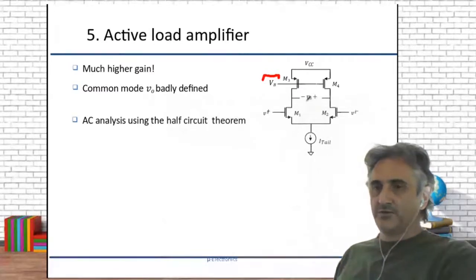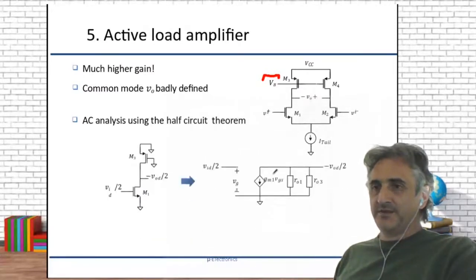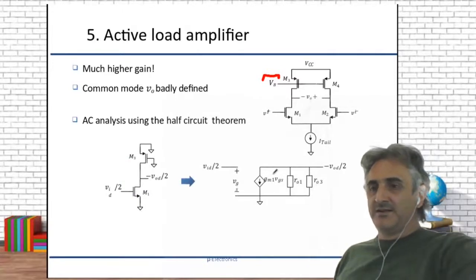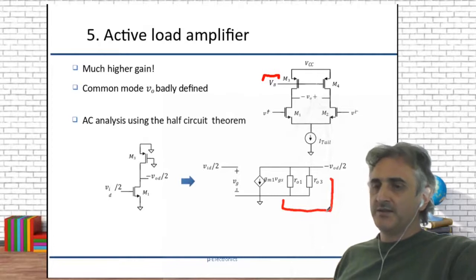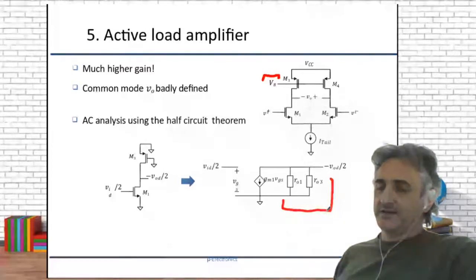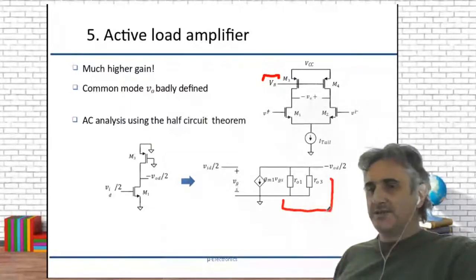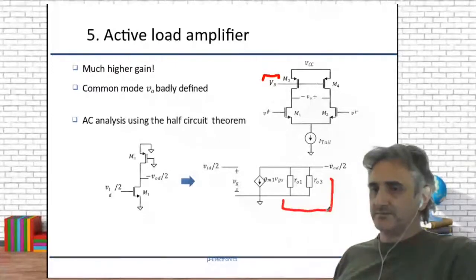Okay, so we do again the half circuit theorem, and this dependence here has disappeared. Now we only have the parallel of these two resistances, which is much higher than in the other case, because we have removed this dependence on the gain of the third transistor.